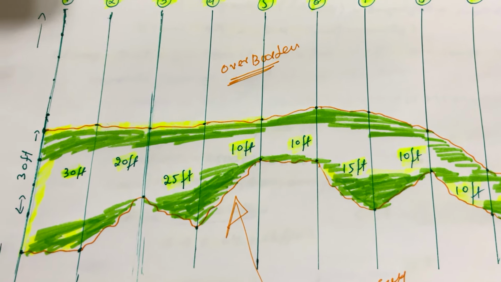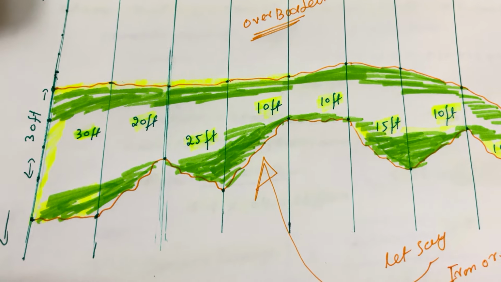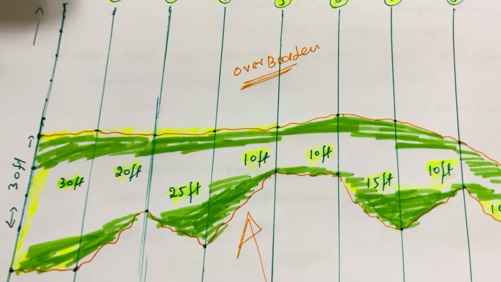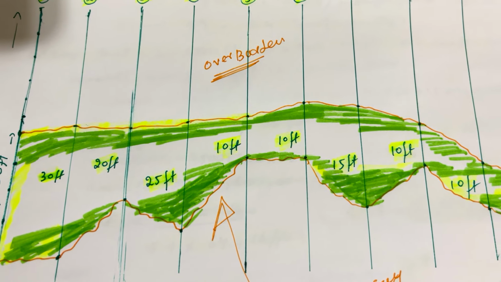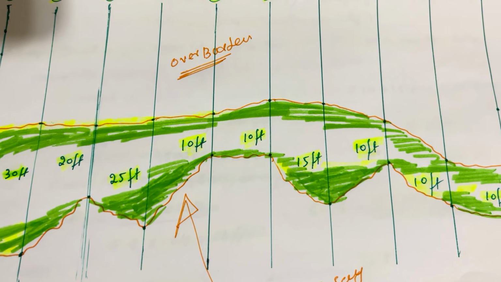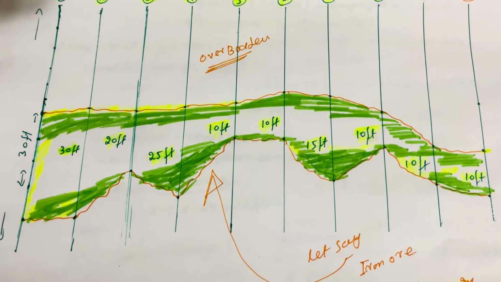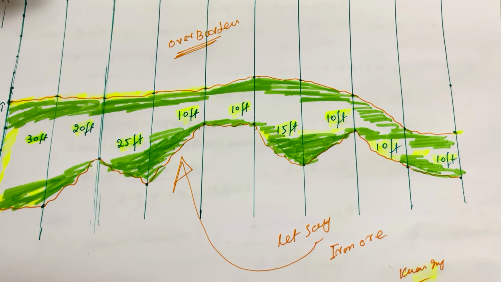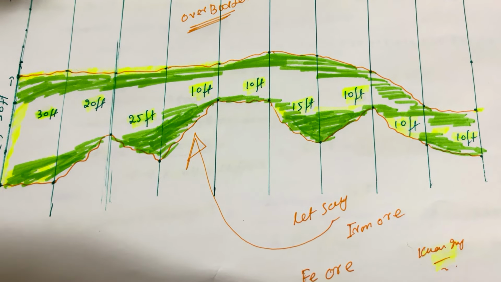When everything is done, in the first hole we got 30 feet of hematite core, and then the second is 20 feet, the third one is 25, then 10 feet, 10 feet, 15 feet, 10 feet, 10 feet, and the last one is also 10 feet.